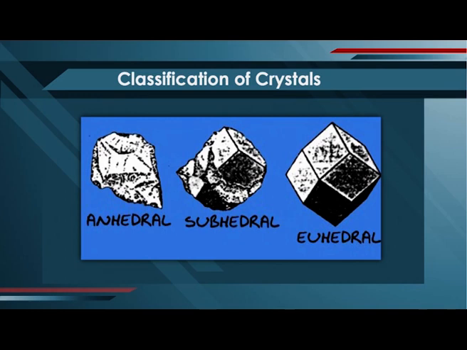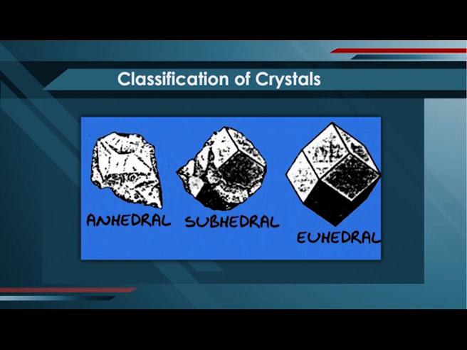Thus, we have 3 types of grains in igneous rocks: euhedral, subhedral and anhedral. Here we have diagrams representing these 3 types of crystals. Anhedral crystals are shown as the first one, followed by subhedral crystals.